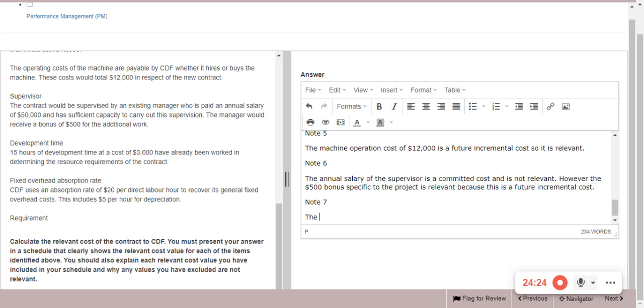Note 7. The development cost has already been borne and is a sunk cost.